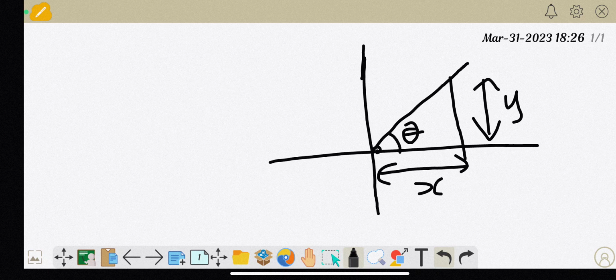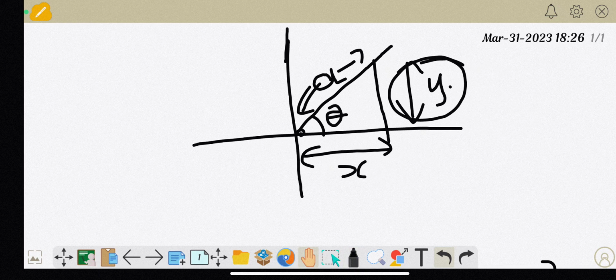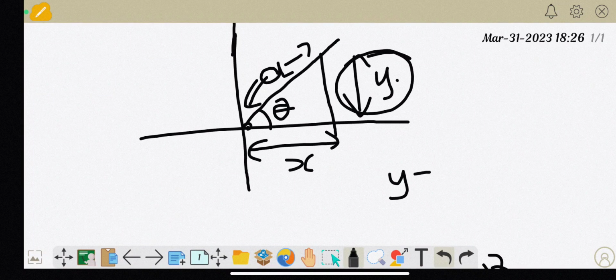Now if this is my distance a, and I want to write the equation for y in terms of theta, how can I write? y is the opposite side, right? y is equal to a sine theta. I can write it like that, right?